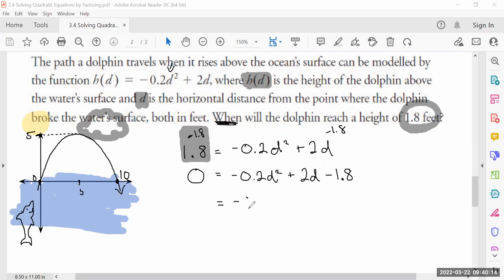So just like before, I'm going to common factor this out, leaving me d squared, subtraction of 10d, and 1.8, so negative 1.8 divided by negative 0.2. That's going to be 18? Correct me if I'm wrong.